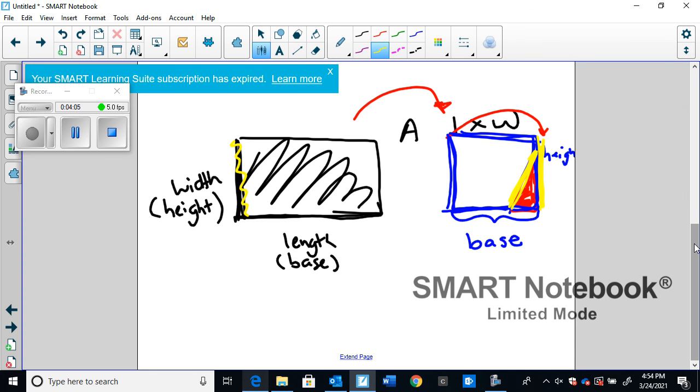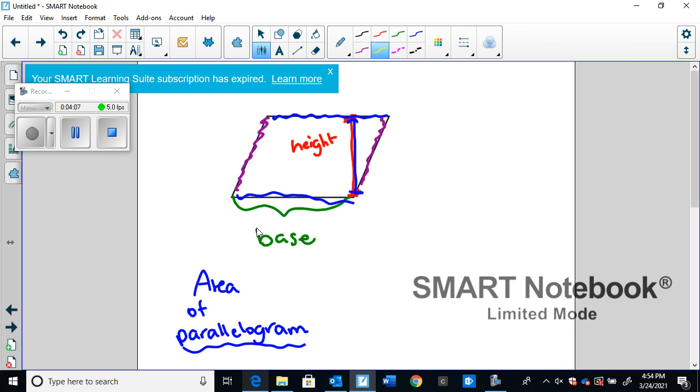So now if we go back up to our parallelogram, the area for our parallelogram is going to be this whole length here, the base, so B, times the height, which is H, and that's going to give us the area of any parallelogram, right? Because if you notice, this little triangle piece would just fit over here.